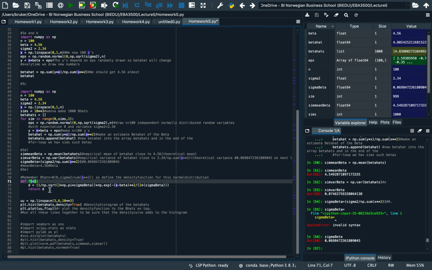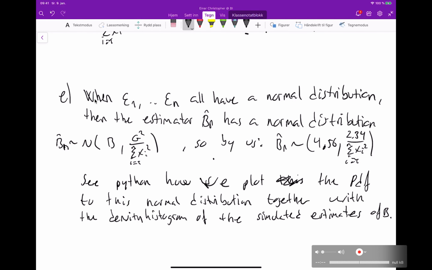Okay. Then we can do the last exercise. And that is E. Here is a fact of our model. When epsilon 1, epsilon 2, up to epsilon n all have a normal distribution, then the estimator beta n hat also has a normal distribution.